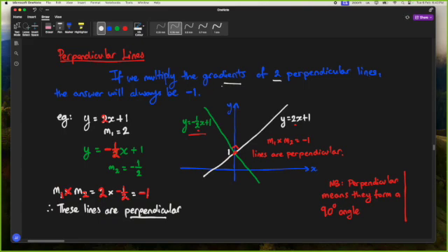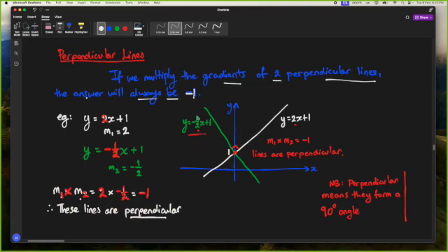If we multiply the gradients of two perpendicular lines, the answer will always be -1.